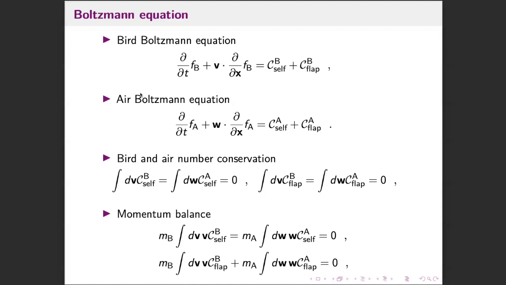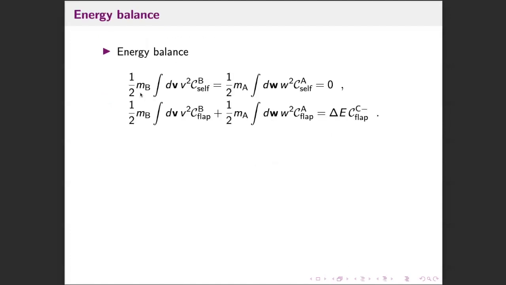Yes. So momentum balance. These collisions with themselves individually conserve momentum, right? So this integral itself and this one, they are both zero, whereas here the sum is zero. So the total amount of momentum of the bird and air is conserved. For energy, it's slightly more complicated because again, these individually conserve energy. The bird collisions with themselves and the air collisions with themselves individually conserve energy.